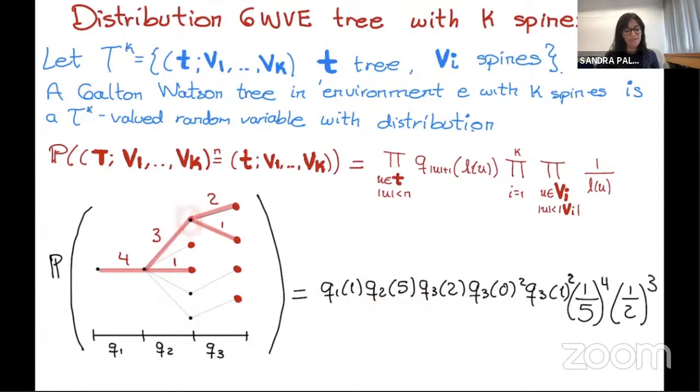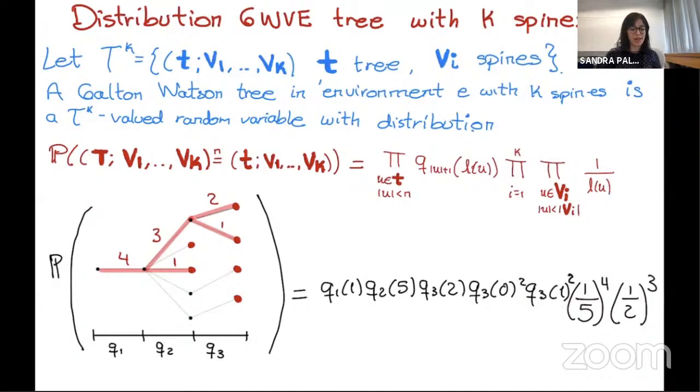This individual has 2 children, and I have it with probability Q3 of 2. These 2 individuals didn't have children, so that is Q3 of 0 squared. And finally, these 2 individuals each have 1 child, and that is Q3 of 1 squared. So that is our tree.